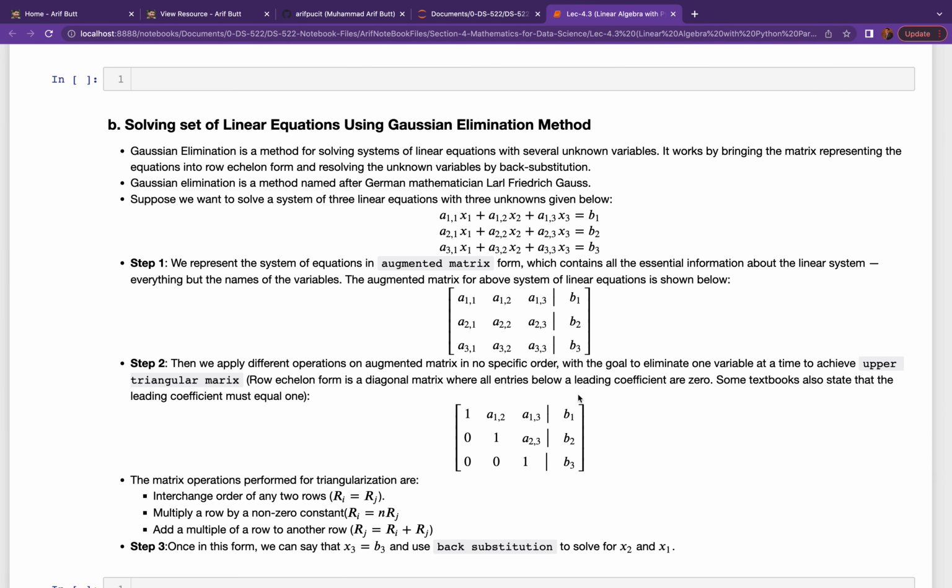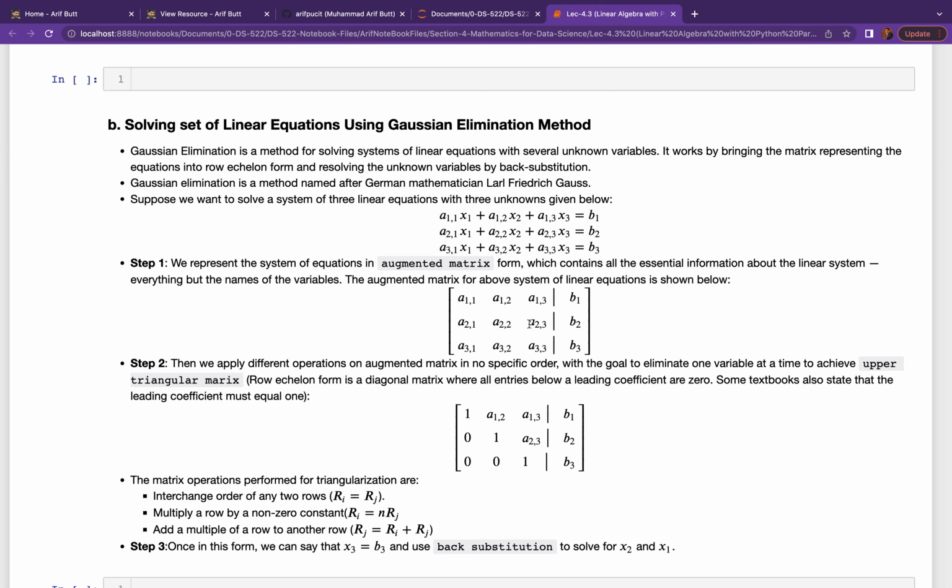Okay, now solving a set of linear equations using the Gaussian elimination method. Well, the Gaussian elimination method is named after a German mathematician, Friedrich Gauss. Well, this is a three-step process. In step 1, we represent the system of linear equations in an augmented matrix.